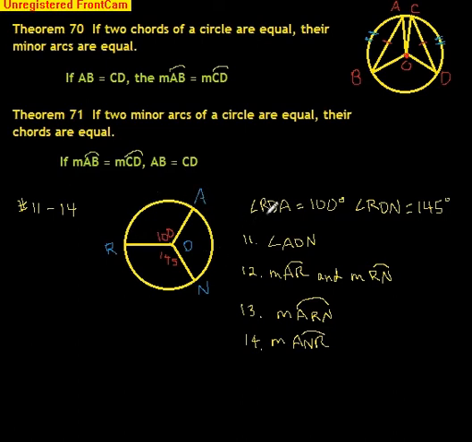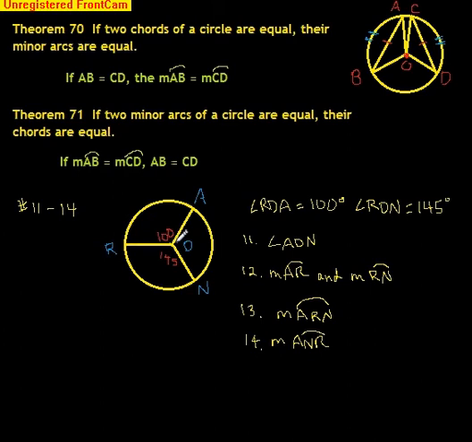They tell us that the measure of angle RDA is 100, and the measure of RDN is 145. You're going to find this is really easy. They want you to find the measure of ADN, which is this one. So you know that all of these angles, if it's in a circle, have to add up to 360 degrees.